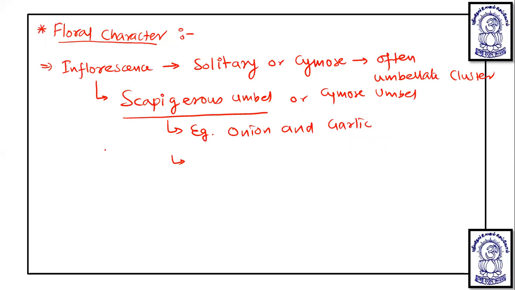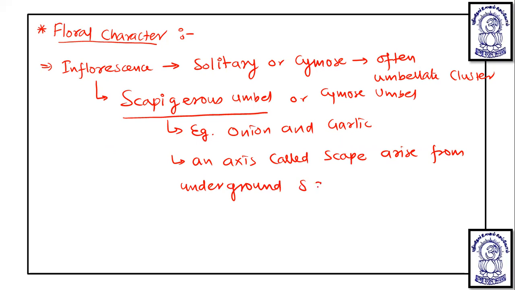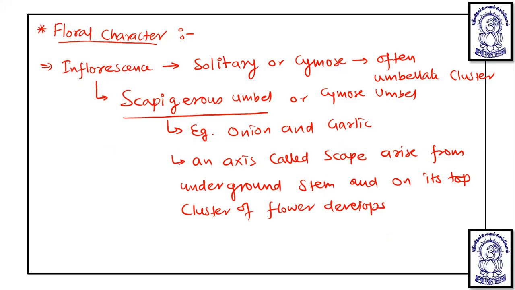So in a scapigerous inflorescence, an axis called scape arises from the underground stem, and on its top a cluster of flowers develops.